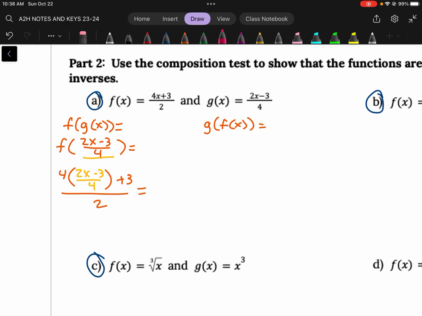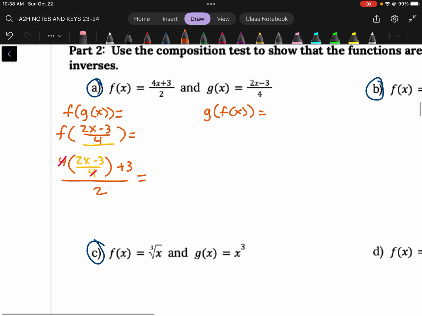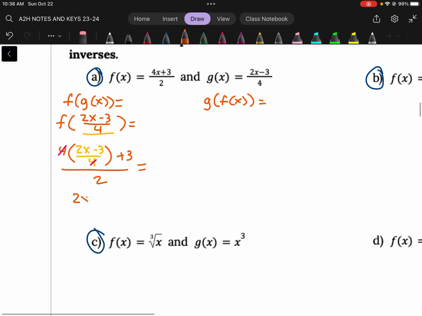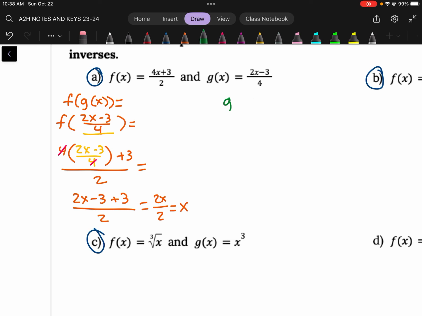Looks crazy because there's a fraction inside a fraction, but hopefully we realize, oh, those 4s and 4s go away, right? And we can start to see this expression sort of unravel here, right? 2x minus 3 plus 3 is 2x over 2. That equals x. Okay, so far we're in good shape, right?